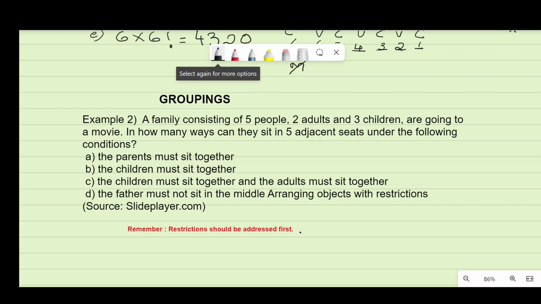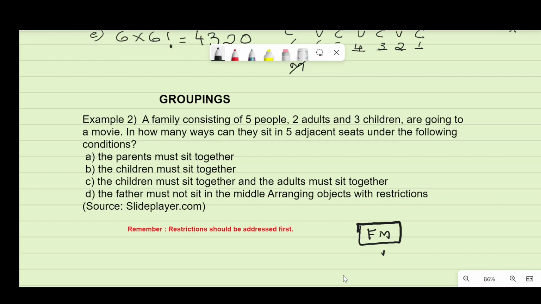That means here we have the parents, father and mother, must be together means they are now going to be considered as a pack, and we count it as one.